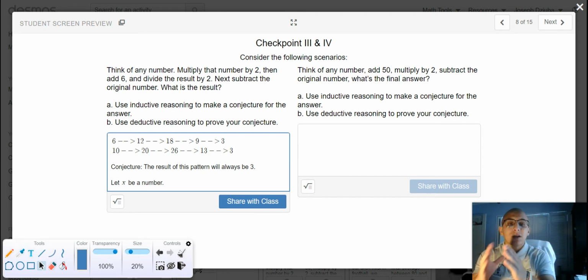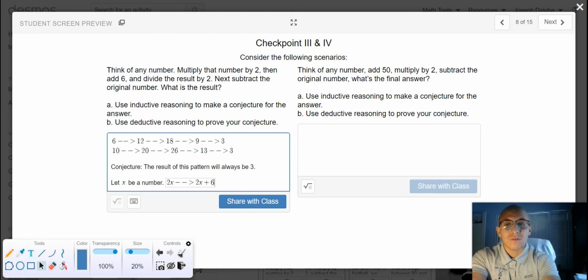Okay, now we're going to apply this pattern algebraically. Multiply that number by 2. That means we have 2x. 2x is now our numerical value that we're going to add 6 to. Those are not like terms, so our algebraic expression becomes 2x plus 6.